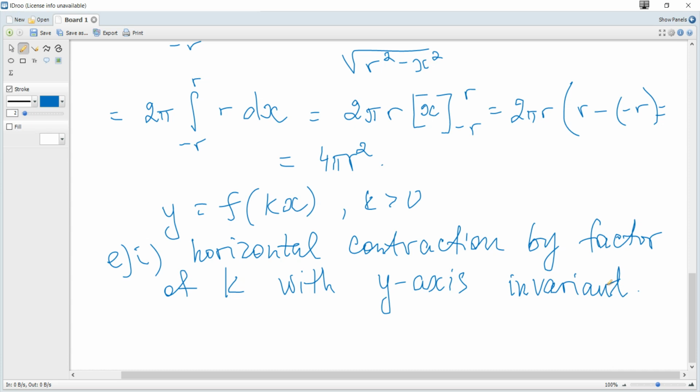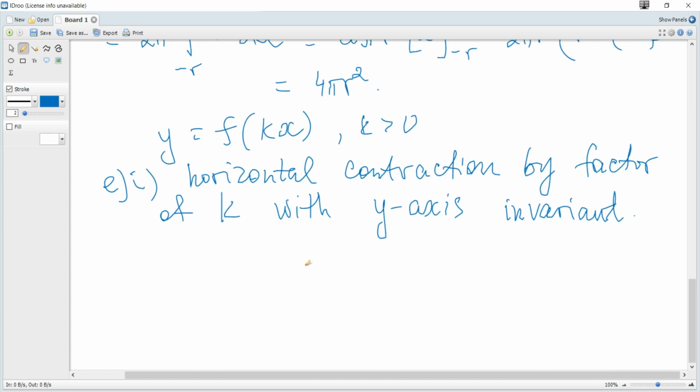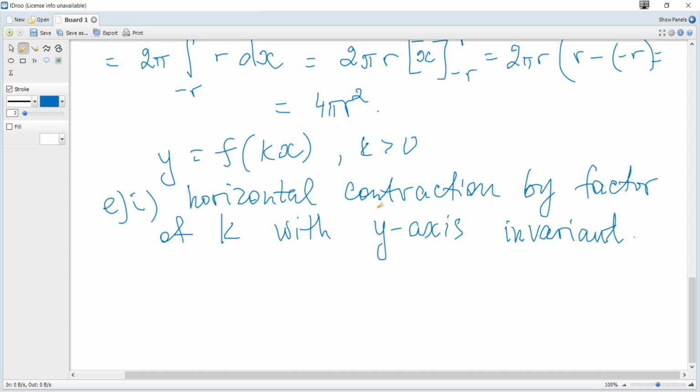It means every point on the curve will be k times closer to the y-axis, and every point on the y-axis remains the same. Or it may be described as a horizontal stretch by a factor of 1 over k with the y-axis invariant. Notice that, again, it is a contraction by a factor of k or a stretch by a factor of 1 over k.